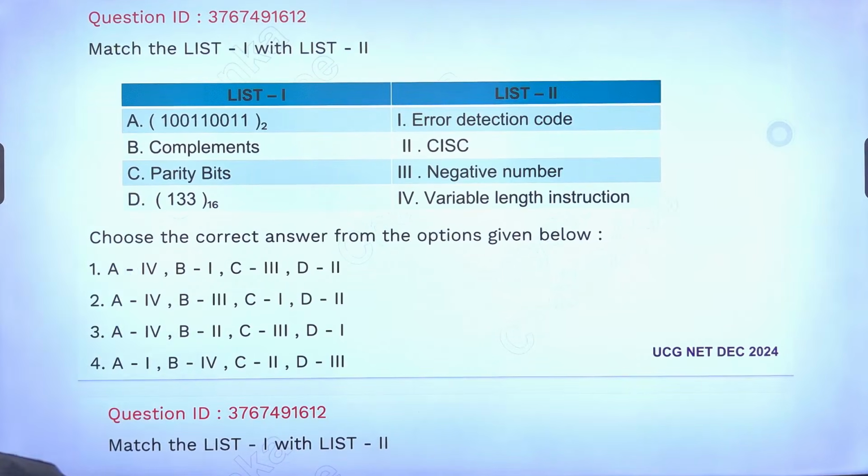I hope so. Yeah. Now do this. Match the following.